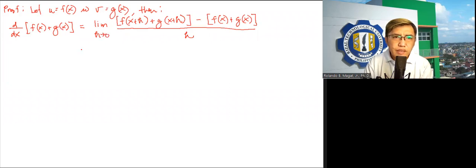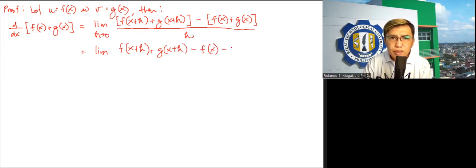Then let's simplify the expressions in the numerator. We have the limit of f of x plus h plus g of x plus h minus f of x minus g of x all over h, as h approaches 0.